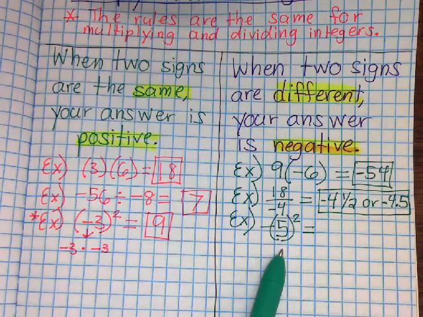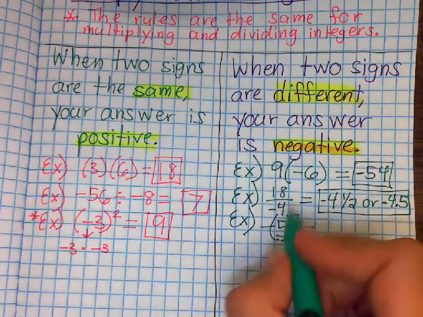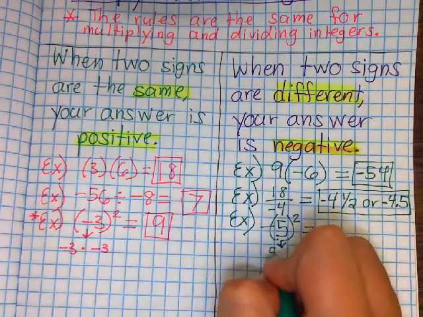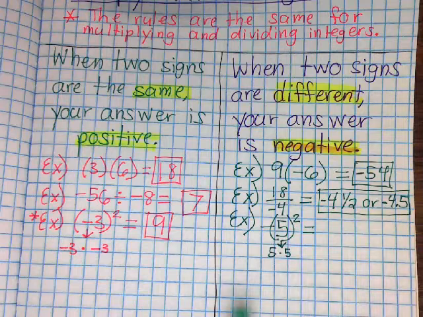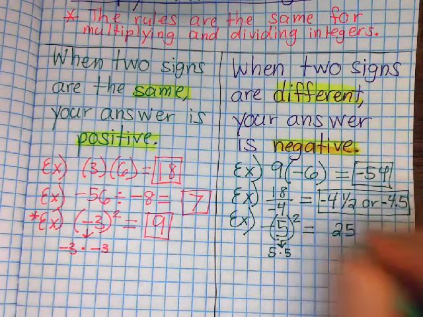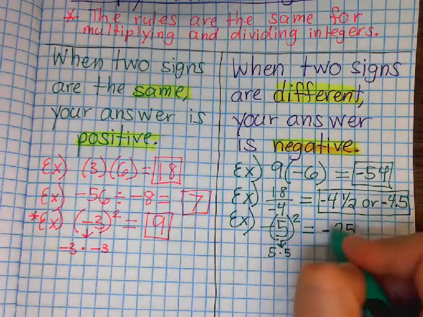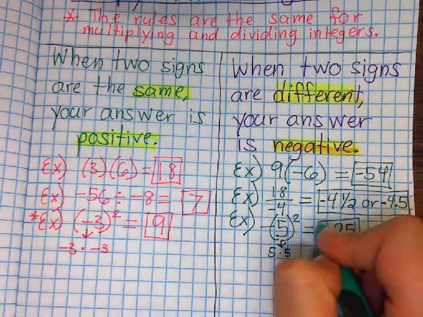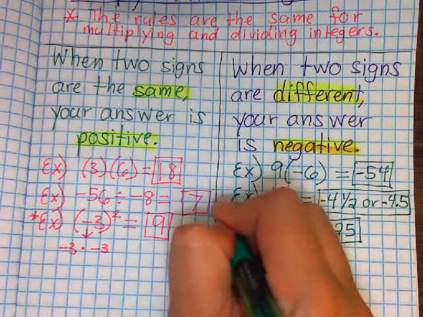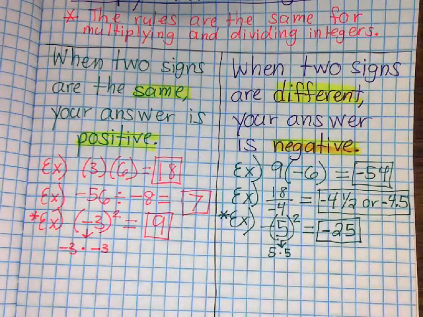So what I'm going to do is I'm going to square my 5. So that becomes 5 times 5, which is 25. And then I need to tack on this negative sign. So that becomes a negative answer. And again, this is an important example to remember.